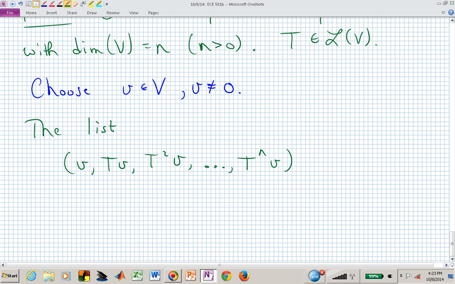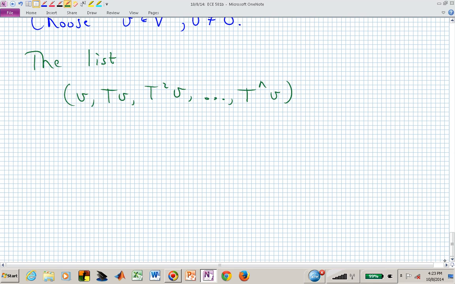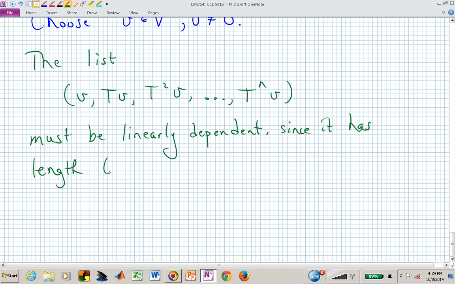So now what can you tell me about this list? There's some dependency here, isn't there? It has to be. So the list v, Tv, up to T to the n v must be linearly dependent, since that list has length n plus 1, and we assumed that the dimension of our vector space was n.